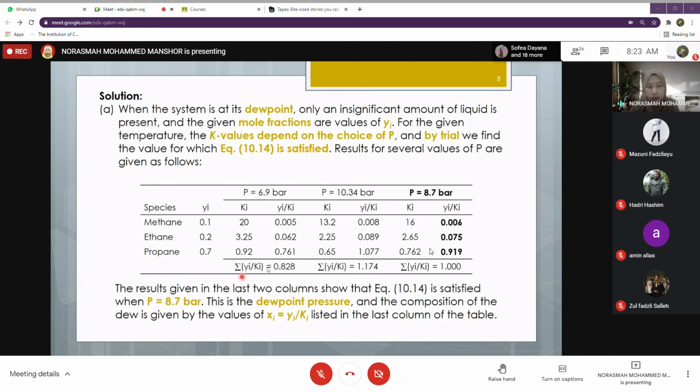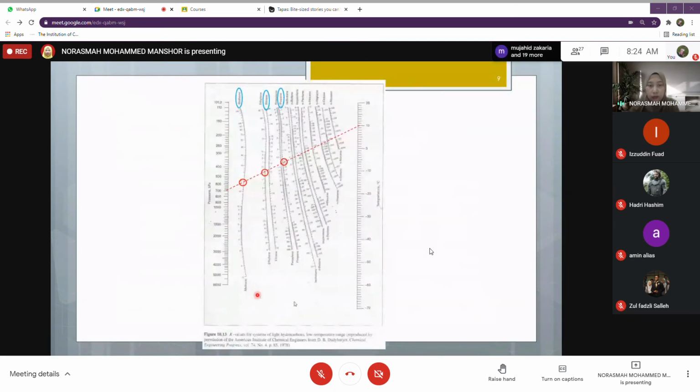In this example, refer to figure 10.13. You choose one value of P at temperature 10 degrees C, and the K value you can find from figure 10.13. This axis is for the temperature in degrees Celsius, and this is for pressure in kPa.